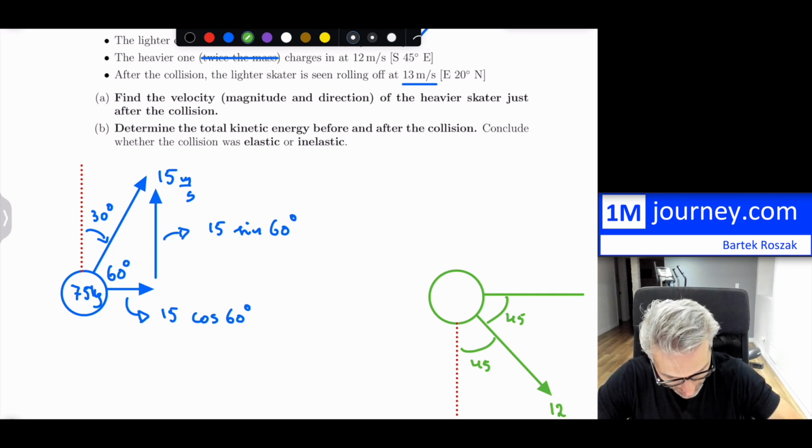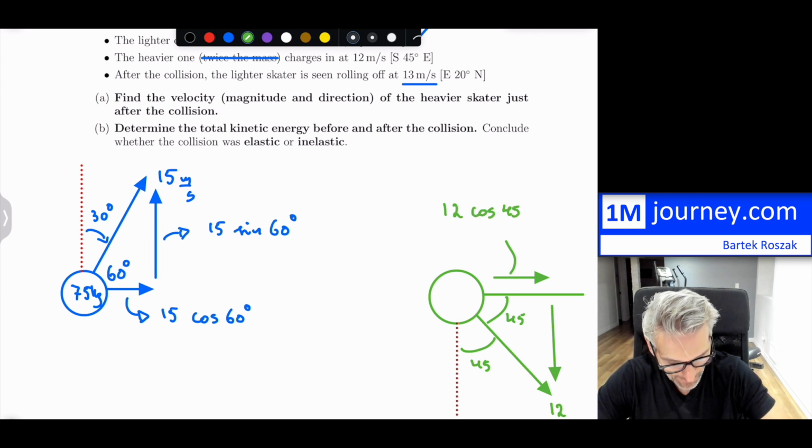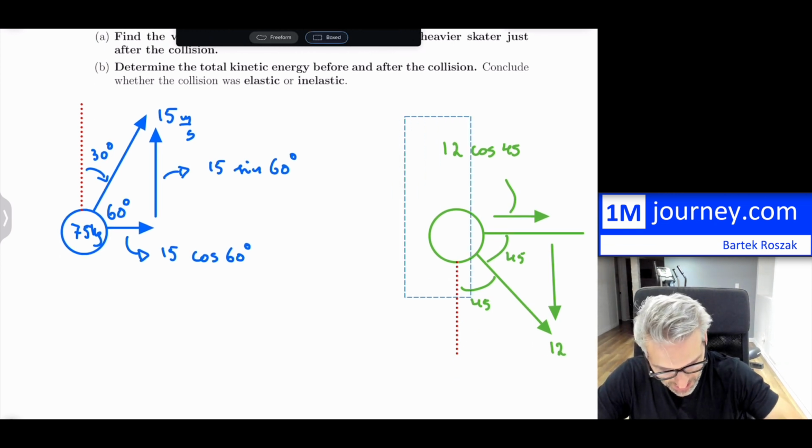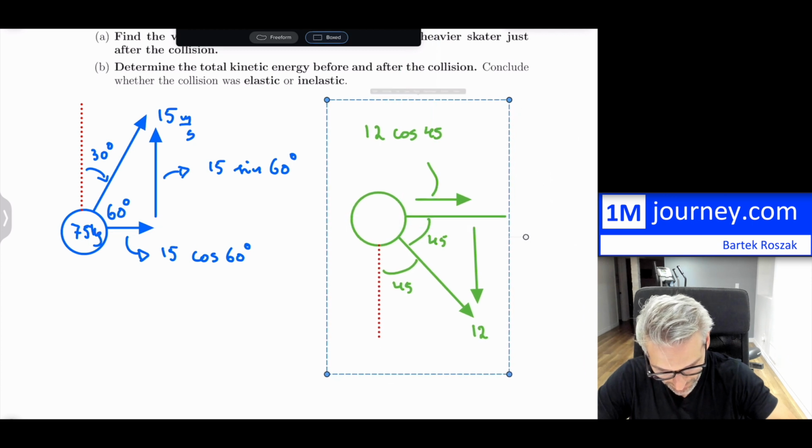And again, I'm going to need this component, the y component, and this component right here, which is the x component. So for the x component, that's going to be 12 times cos of 45. And then for the y component, I'm going to shift these out, over here.